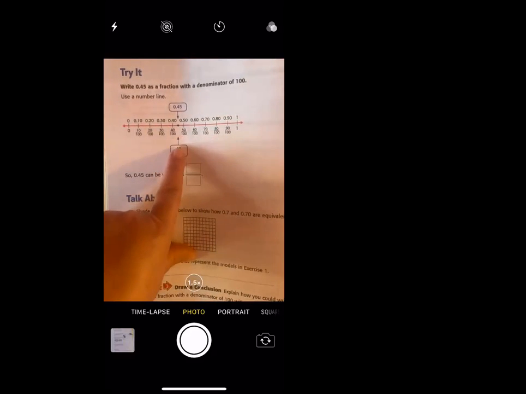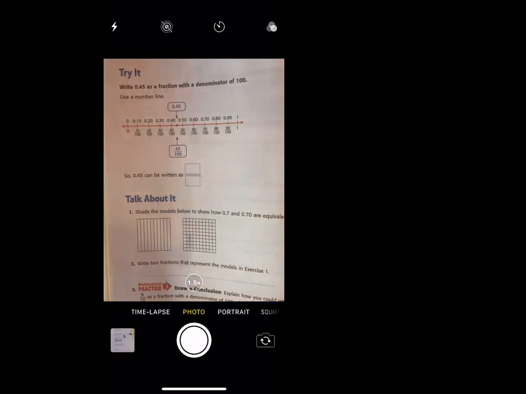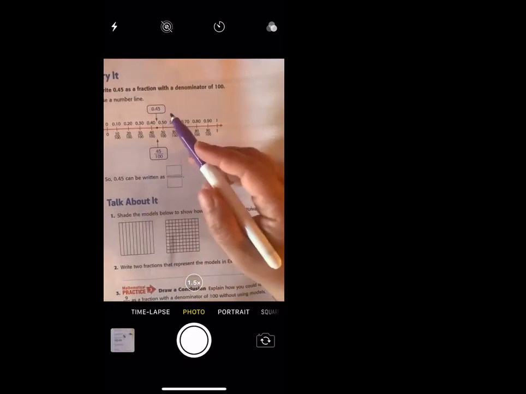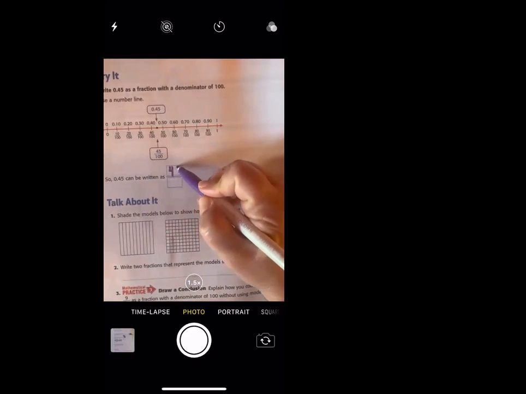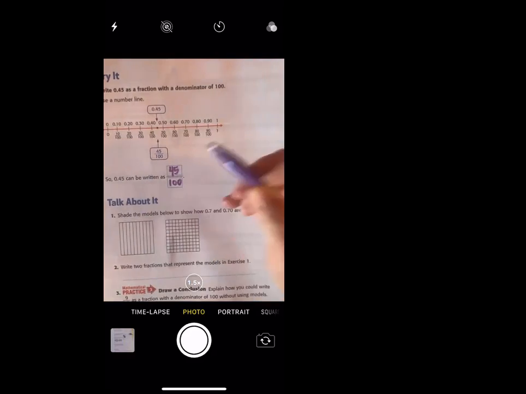And as a fraction, it's going to be right in the middle between 40 hundredths and 50 hundredths. So that will be 45 hundredths. So as a fraction, the decimal 45 hundredths can be written with 45 as the numerator and 100 as the denominator.